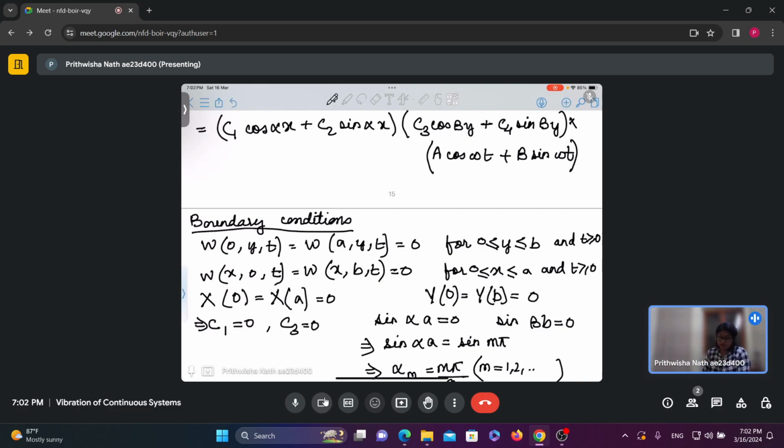For x equals 0 and any y, with y from 0 to b, and time t greater than or equal to 0, and for x equals a and any y and t, w is 0. Similarly for w of x, 0, t and w of x, b, t, it is 0.